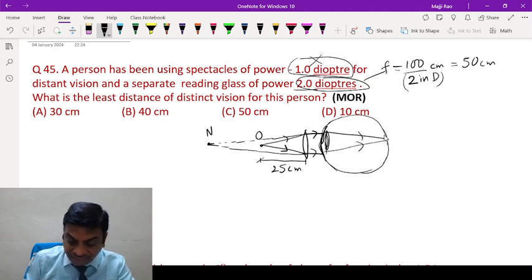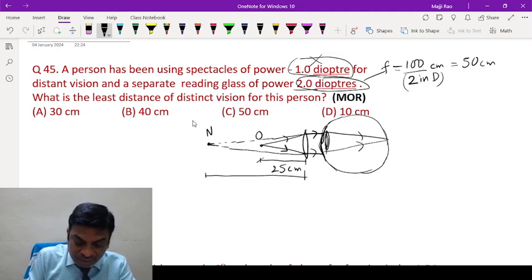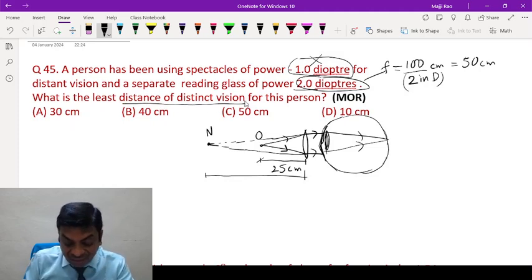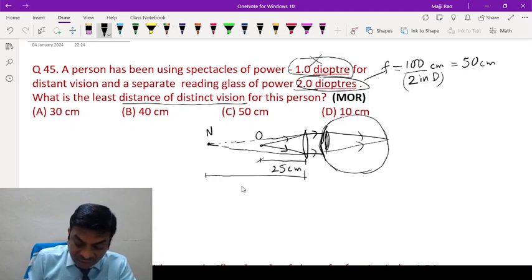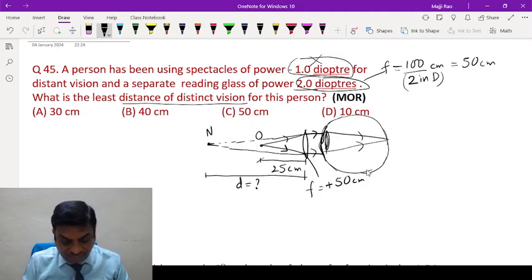So this is the idea. So this distance should be his least distance of distinct vision. For now I write it as D, which we have to find out. And focal length, being a convex lens, will be plus 50 cm.